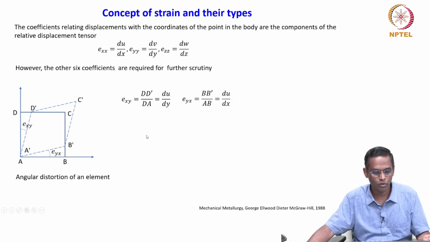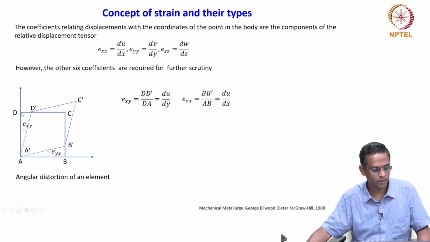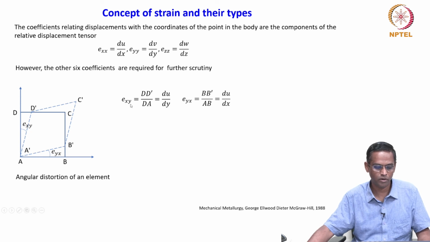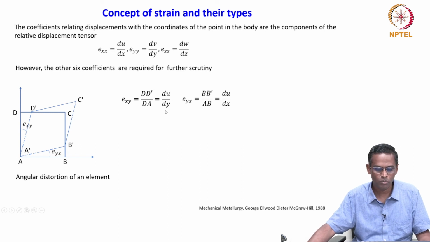So, how do we find that? So, EXY, for example, the displacement along the x direction. The same nomenclature follows here, 2 subscripts. So, it is in the x direction. So, DD divided by DA. The DD length is here, which is parallel to x, and this is DA, which will give you du by dy.